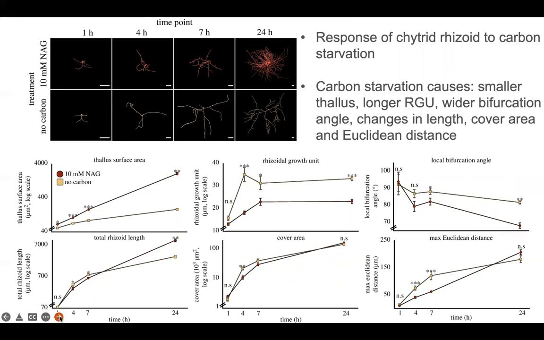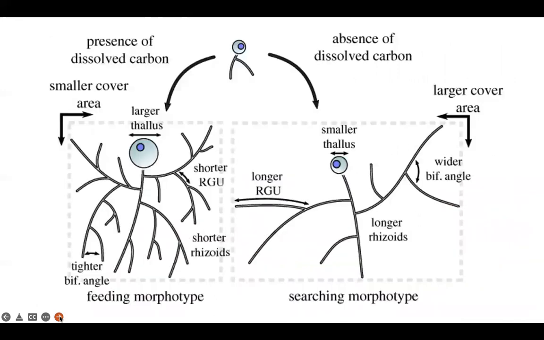So again, this is gel 800. And these are the different parameters that we measured: surface area, rhizoid length, bifurcation angle. But what's maybe a bit easier to digest this time in the evening is this nice little cartoon. This is the germling when it starts to produce the rhizoid.